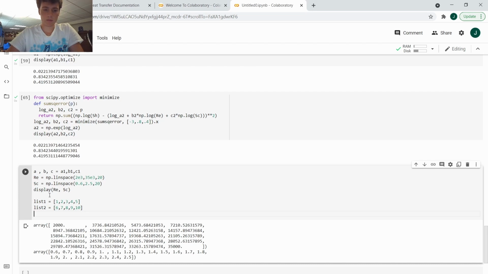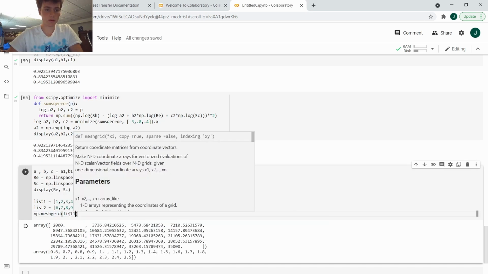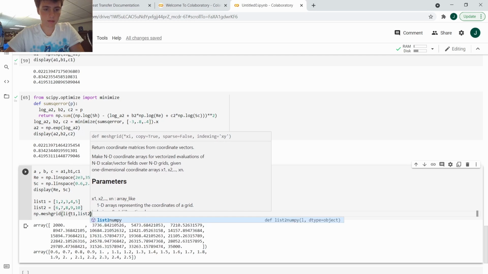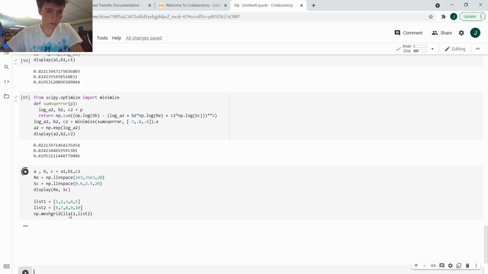And we can call this, we're going to use meshgrid, which is in the NumPy library. Meshgrid of list 1 and list 2. And just see what this gives us.